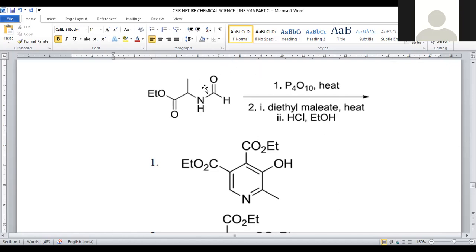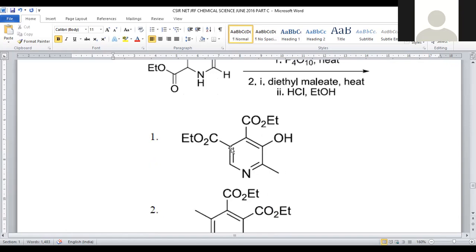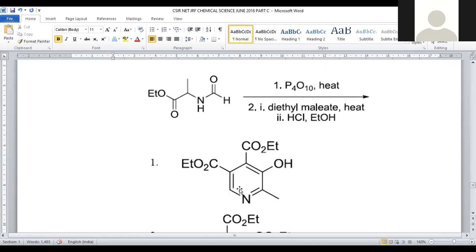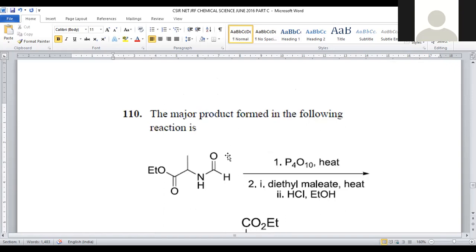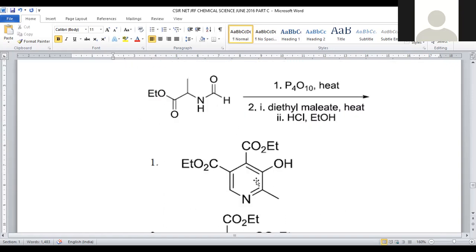Upon heating, they participate in the ring cyclization, so that we got a 6-membered ring system. When HCl is treated, it eliminates the ethanol, and the dehydration reaction is carried out, so that a 6-membered ring system with the benzenoid conjugated system will be obtained. So all will be satisfied in option number 1. For question number 110, option number 1 is the correct answer.